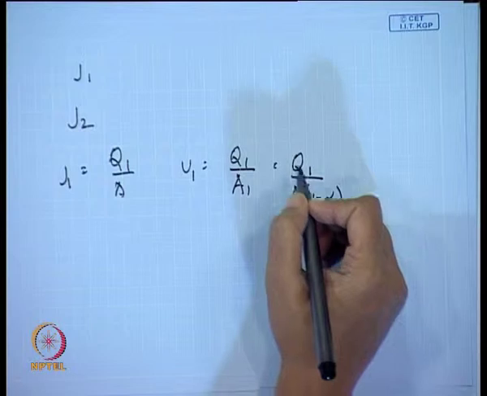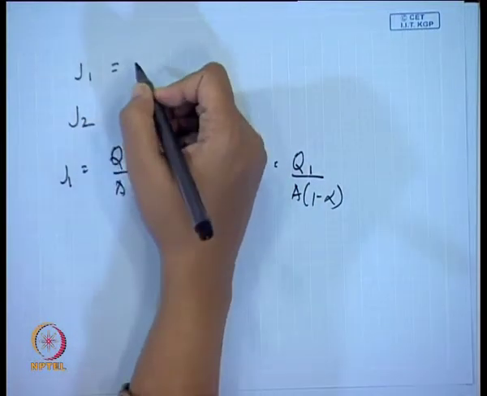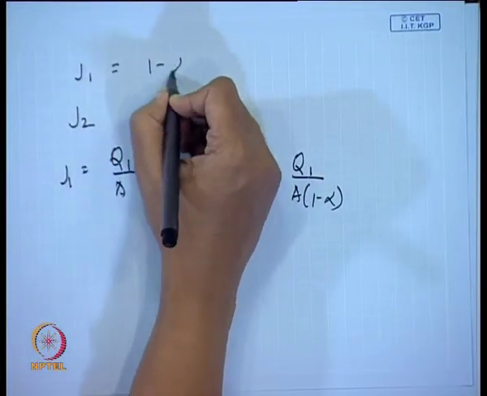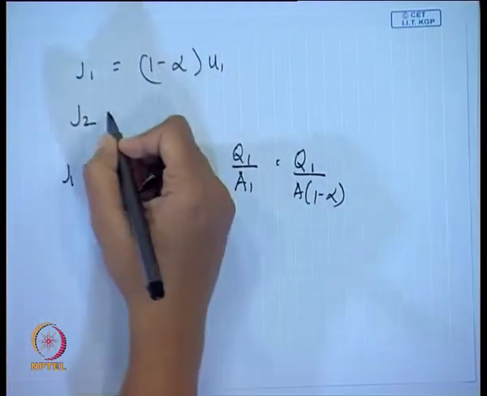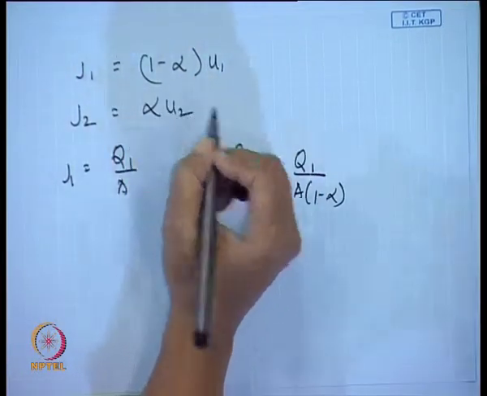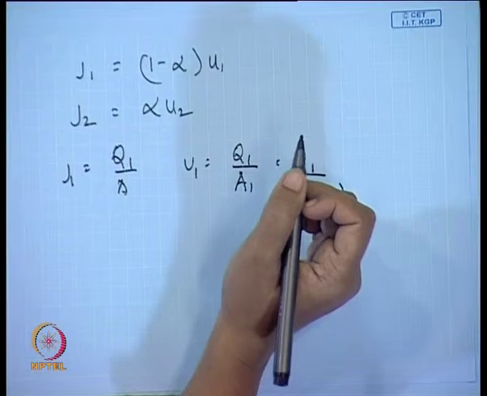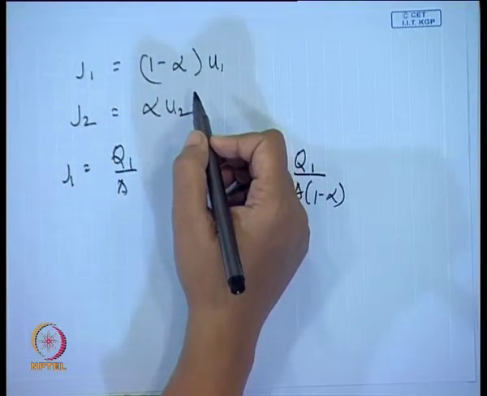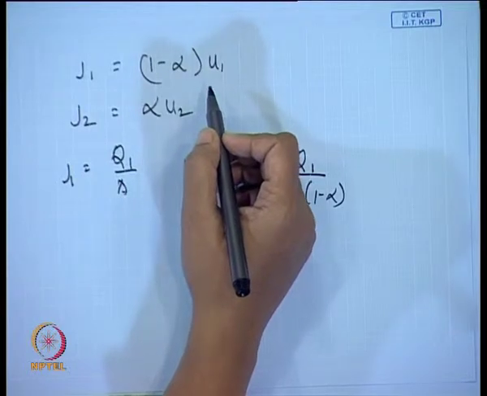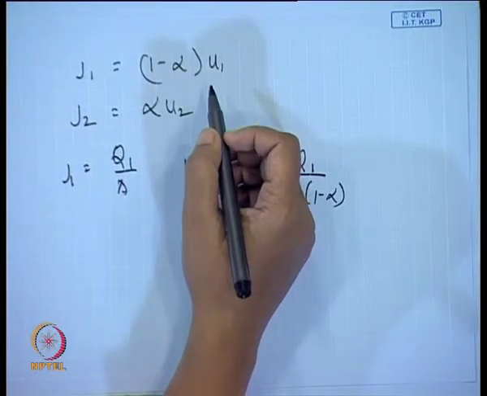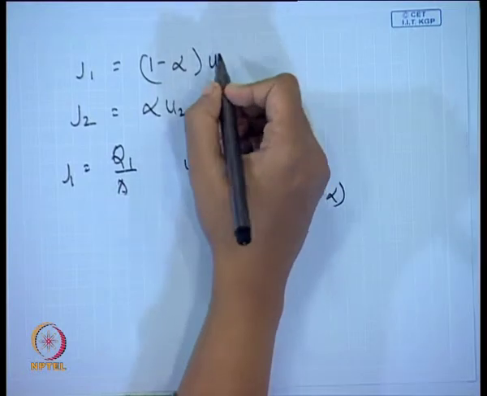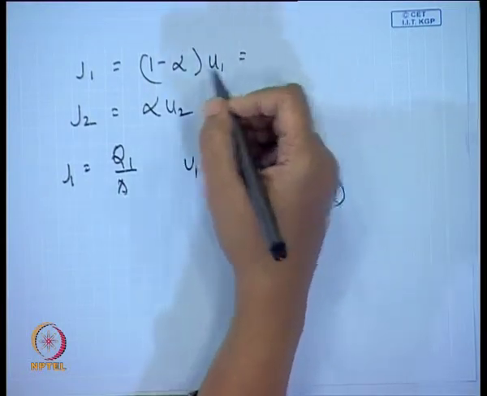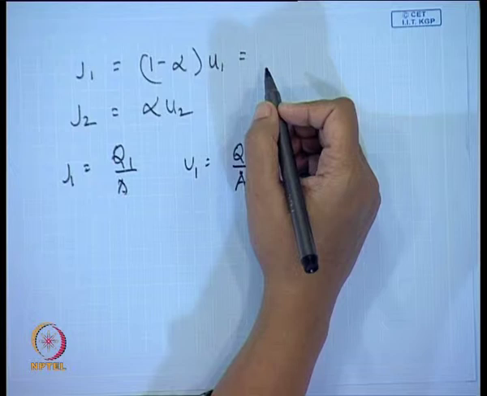Therefore J1 is 1 minus alpha into u1, and J2 is alpha into u2. This is the relationship between the volumetric flux and the local component concentration and velocities. And how is it related to beta instead of alpha?